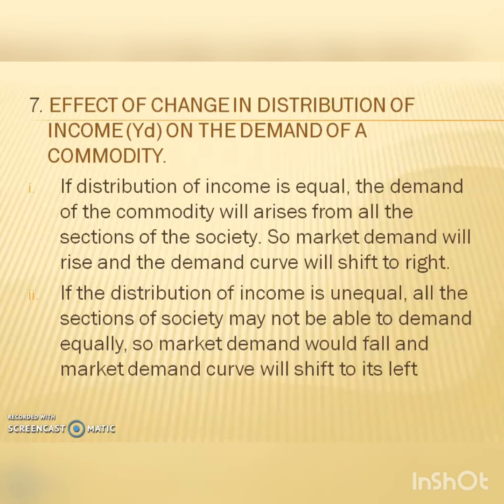So unequal distribution means the rich become more rich and the poor become more poor. So all the sections of society may not be able to demand equally because there are rich and poor. So market demand would fall and the market demand curve will shift to its left.